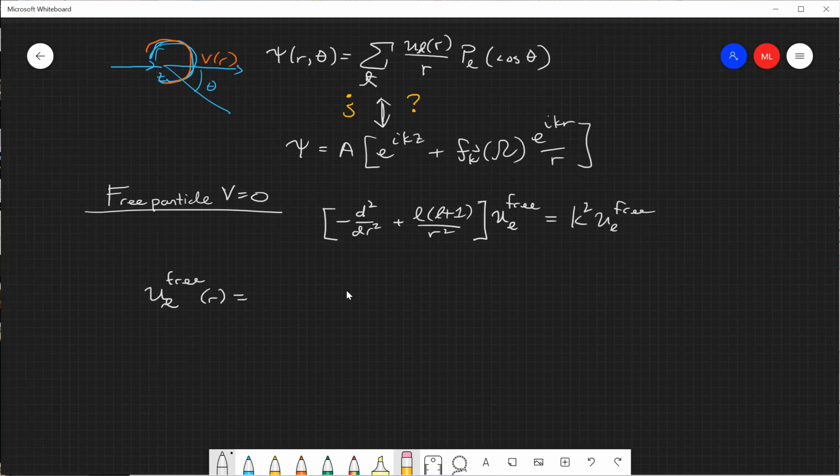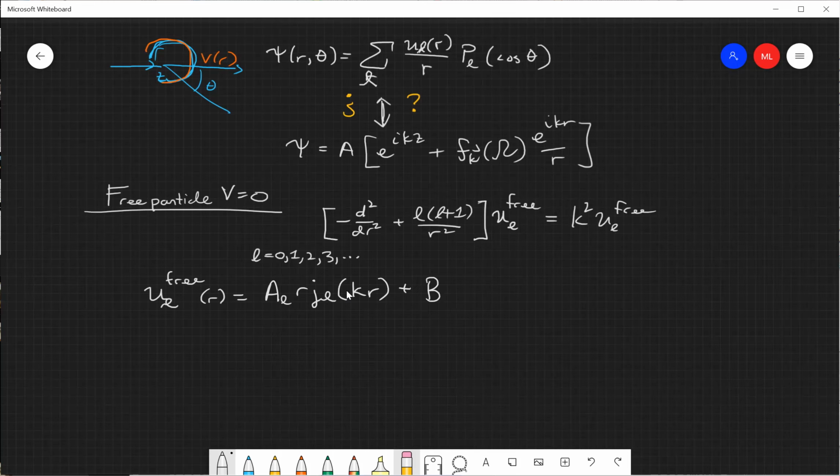So l is some integer 0, 1, 2, 3, and so on, just like you would treat a rotation, just like on the homework. So each solution here has this label l, and these are just the spherical Bessel functions. There's the j_l and the n_l, and they're functions of k times r. And A and B are just arbitrary coefficients.